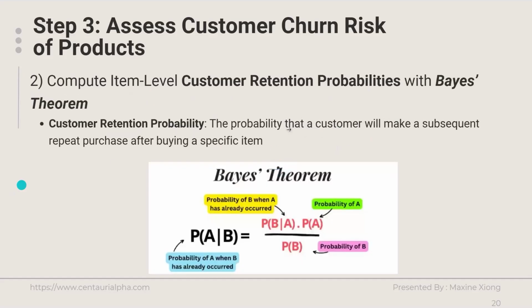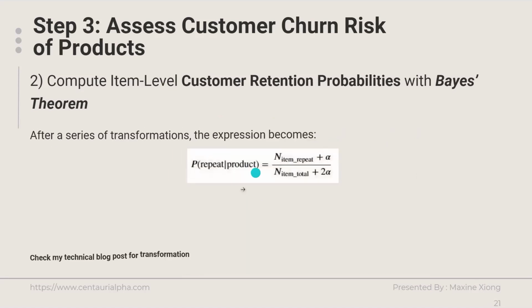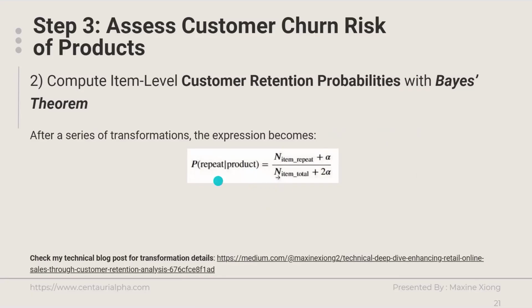The customer retention probability in our case is the estimated probability that a customer will make a subsequent repeat purchase after buying the specific item. The Bayes' theorem expression after a series of transformations becomes eventually like this.